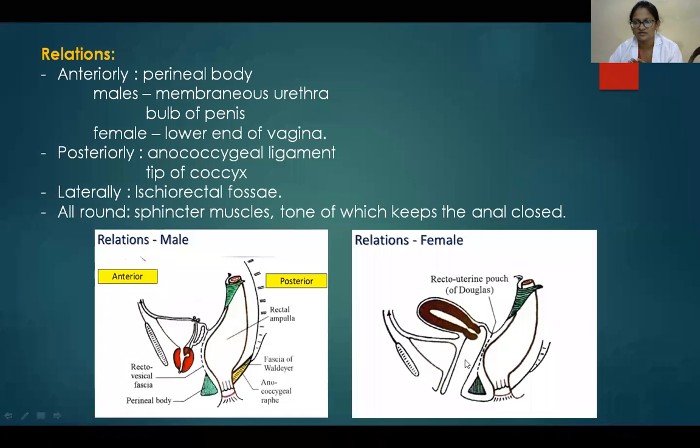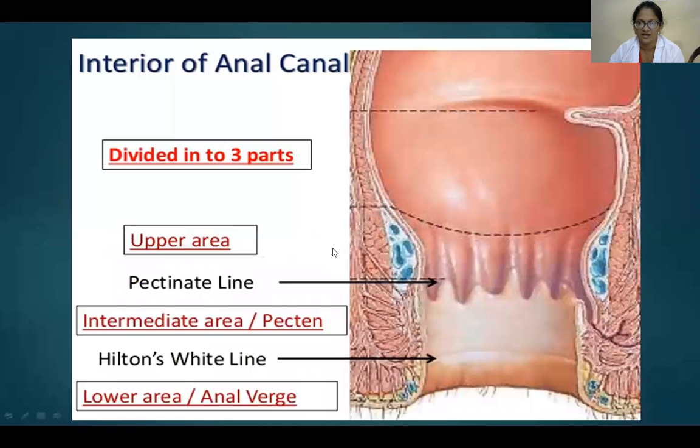Anteriorly, it is related to the perineal body, the lower end of the vagina in females, and the membranous urethra along with the bulb of penis in males. Posteriorly, it is related to the tip of the coccyx along with the anococcygeal ligament. On either side, the ischiorectal fossa. Around that, the sphincter muscles. These are the relations of the anal canal.